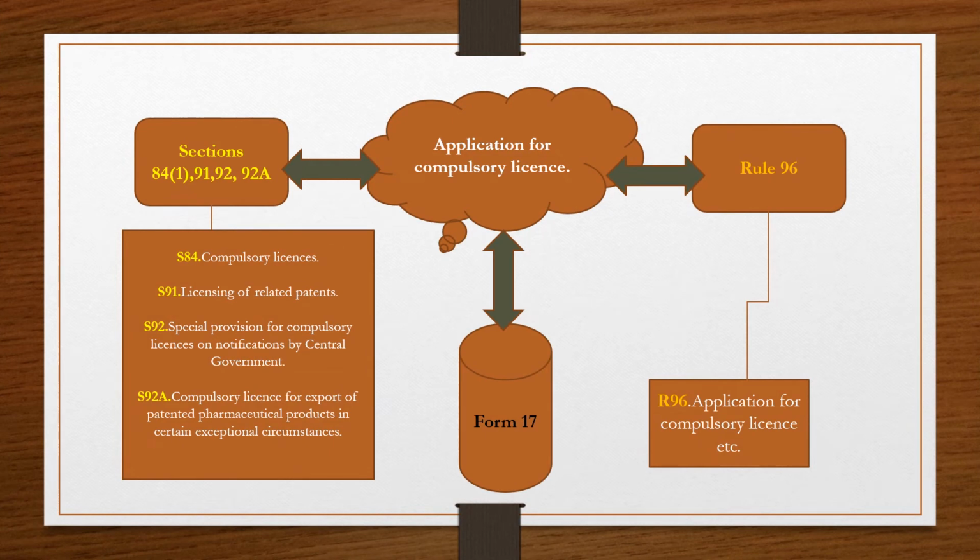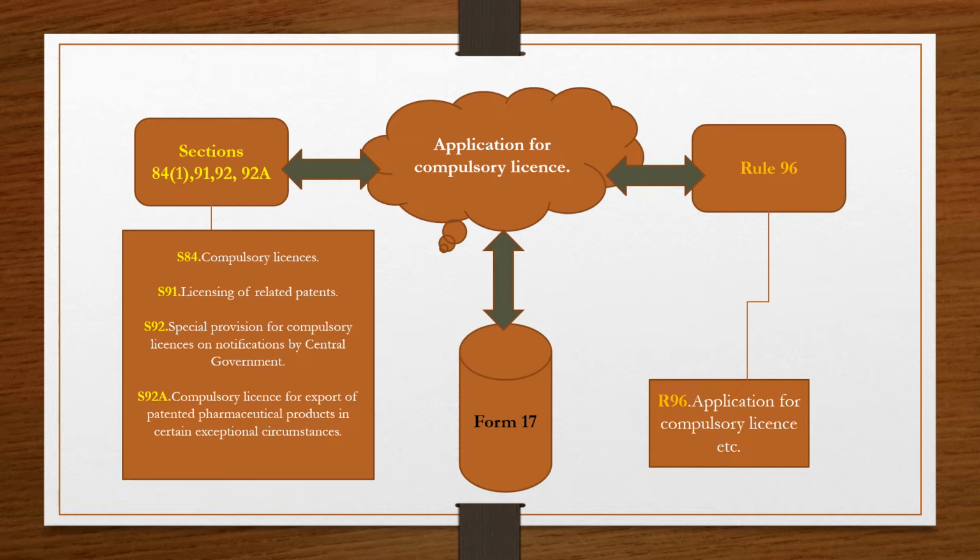Then form number 17. The title is Application for Compulsory License. Here the related sections are 84, 91, 92, 92A, and the related rule is only one, that is rule number 96. So we will discuss briefly all the sections. Section 84 is compulsory licenses. Section 91 is licensing of related patents.